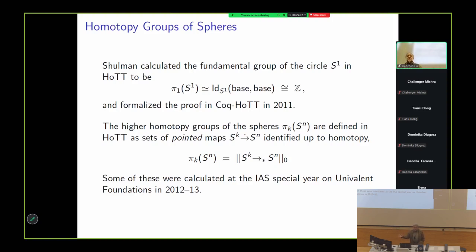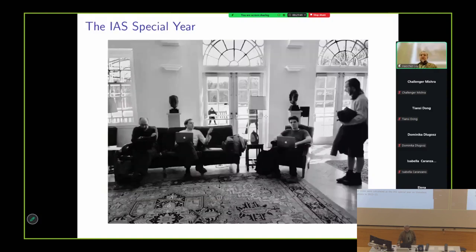We invited 50 people, a lot of them my students and other collaborators, and we spent a year there at the Institute, sitting around in the tea room with the laptops, using a proof assistant and computing homotopy groups of spheres, programming homotopy theory into this experimental system and testing this experimental idea of using computational proof assistants to compute homotopy groups of spheres.